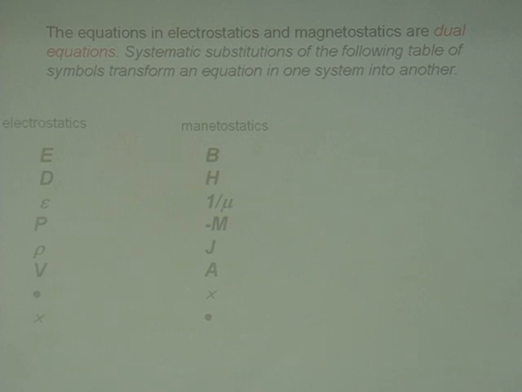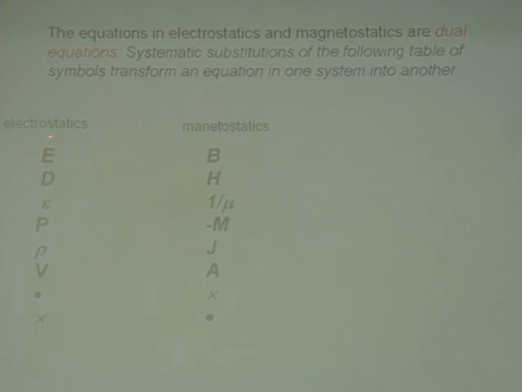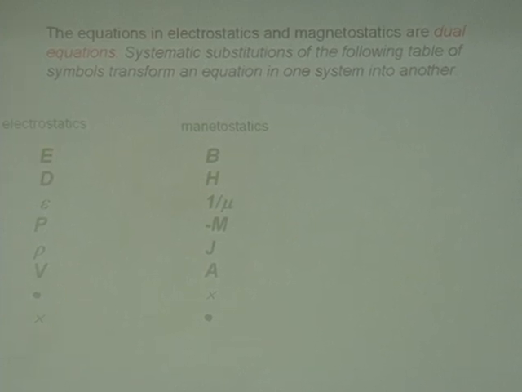很好玩，在这个静磁学跟静电学里头呢，for electrostatics, you have a set of variables: electric field intensity, electric flux density, permittivity, polarization vector, charge density, voltage, dot product, cross product.